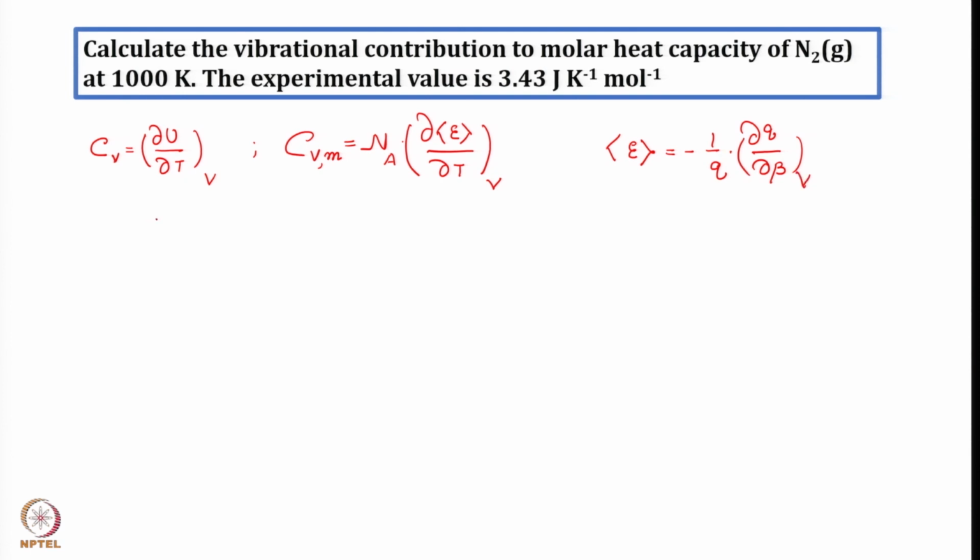We are going to now derive an expression for the mean vibrational energy, which will be minus 1 by Q vibrational into del Q vibrational by del beta at constant volume. This is what we are going to do.